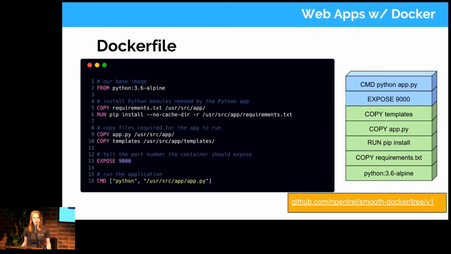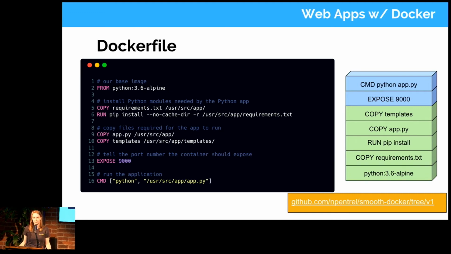So starting at the top, it says FROM python:3.6-alpine. That uses this as a base image and pulls it from the Docker Hub. So that is just like we used before, a small Alpine image with Python installed on top.